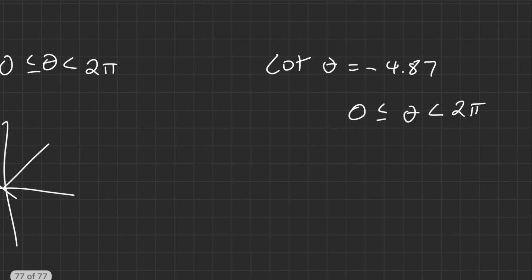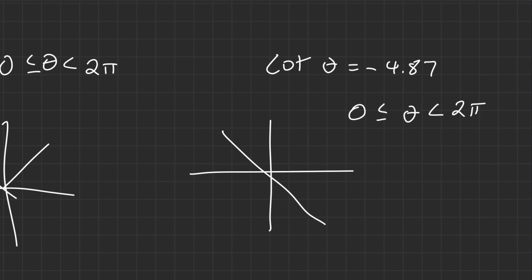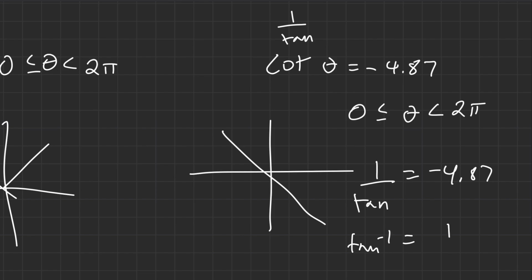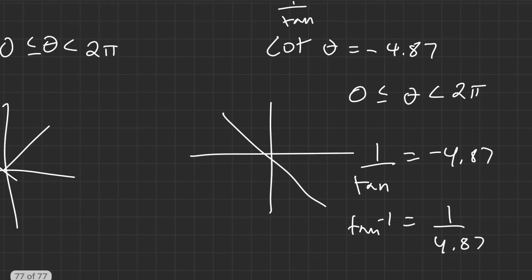And that's our answer. Now if we have cotangent equals negative 4.87, we know cotangent would be negative in quadrants 2 and 4. So if we solve this, we know that cotangent is 1 over tangent. So we can go 1 over tangent equals negative 4.87. And then go like inverse tan equals 1 over 4.87.